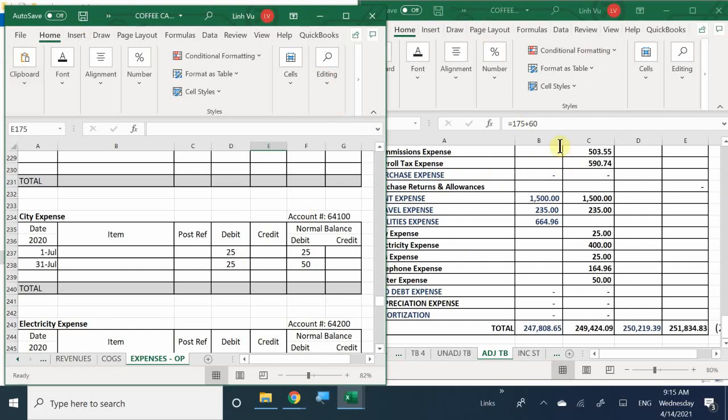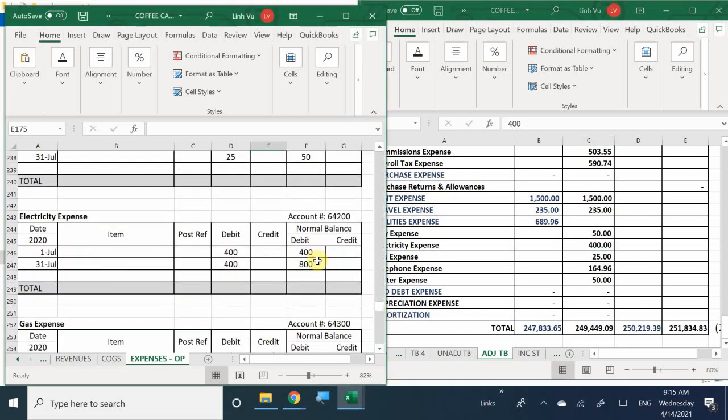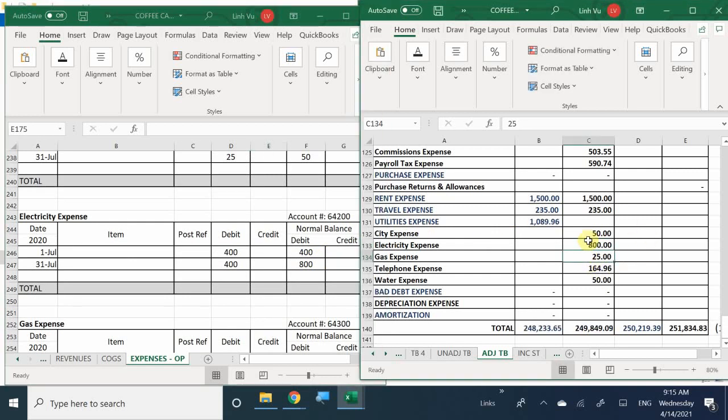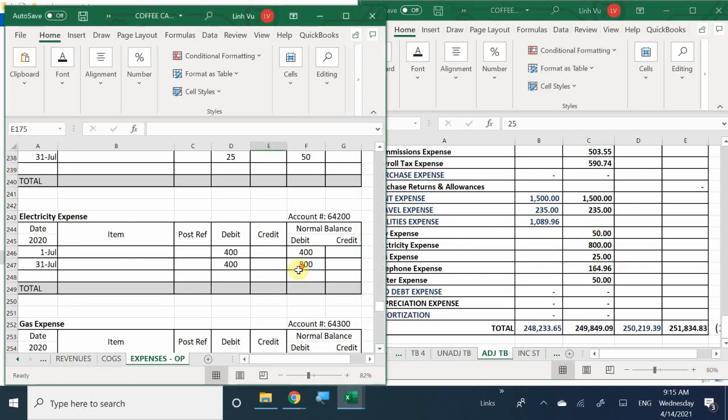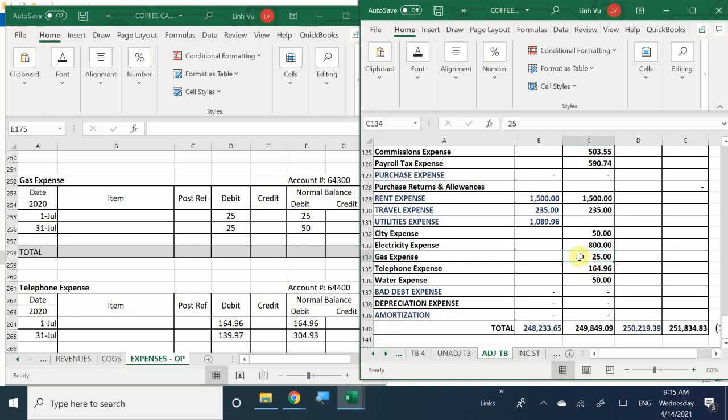What is my city expense? 50. What is my electricity expense? 800. Okay. What is my... I think this is gas. What's my gas expense? 50.